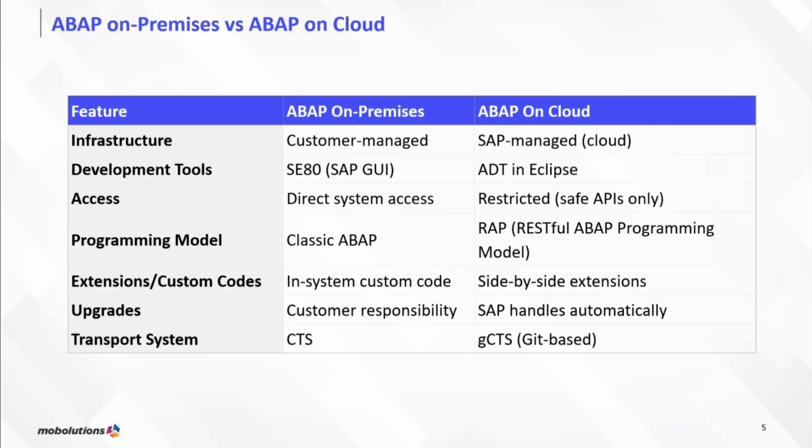Finally, the transport system has moved from CTS in on-premises environments to gCTS, which is Git based, supporting modern DevOps workflows. So, overall, ABAP on cloud brings a managed, secure, and modern development experience while keeping the core strengths of ABAP intact.